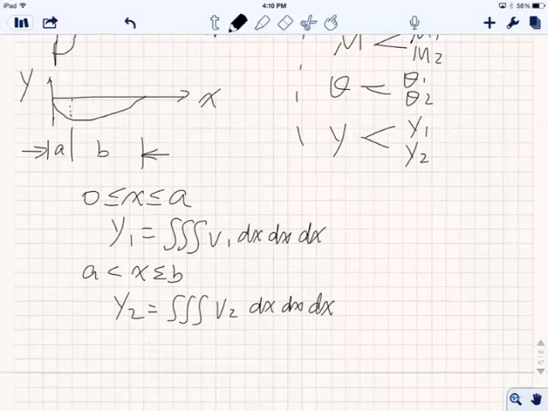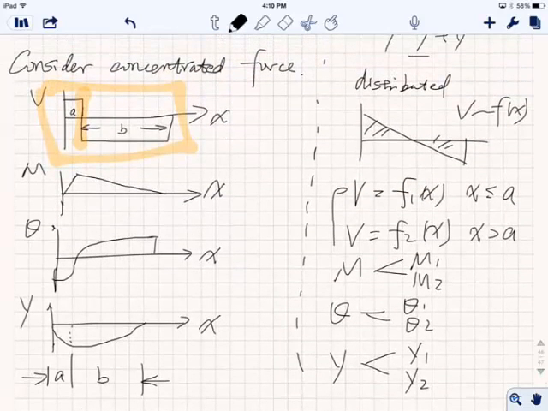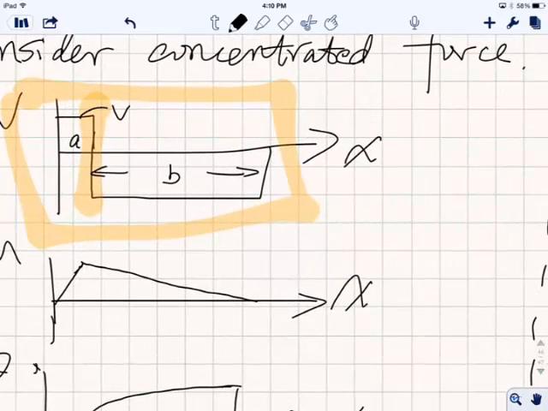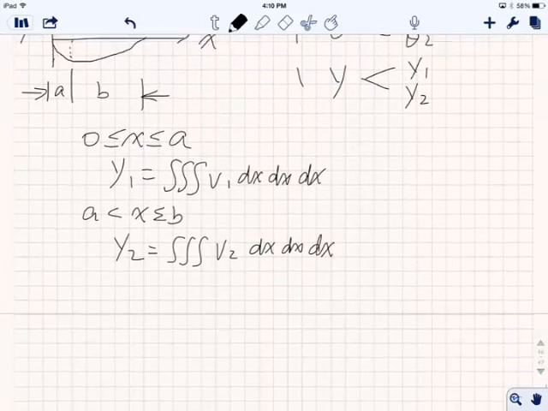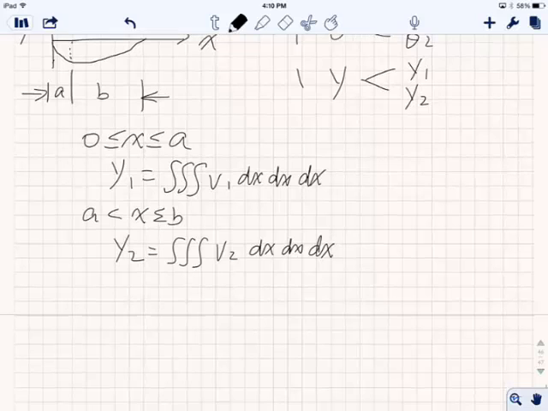You can repeat what we did. Actually, if you want, it's relatively easy. Why? Because this V1 and V2 are constants, right? This is my V1, and this is my V2. So when you integrate a constant, relatively speaking, that's easy, although you have x again.